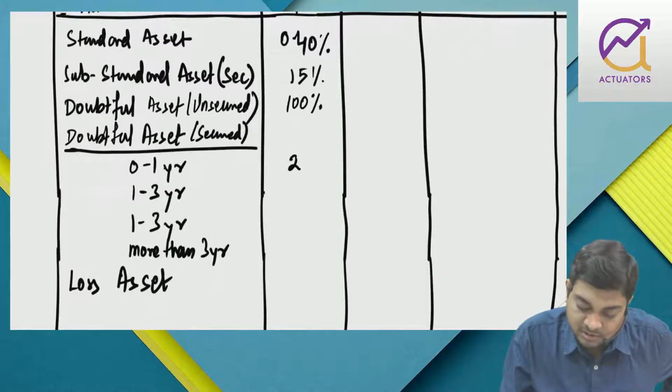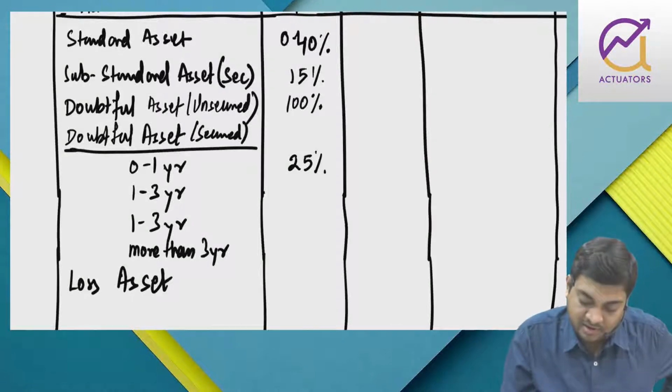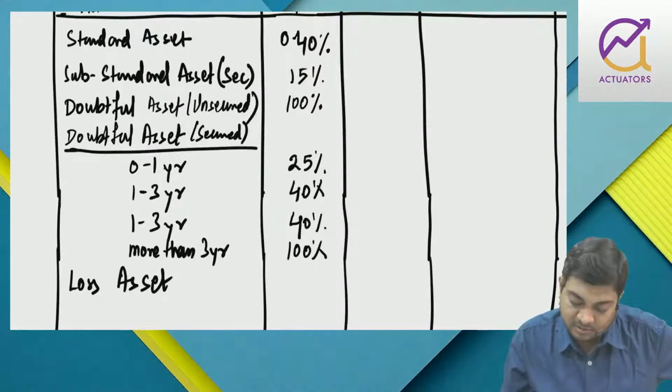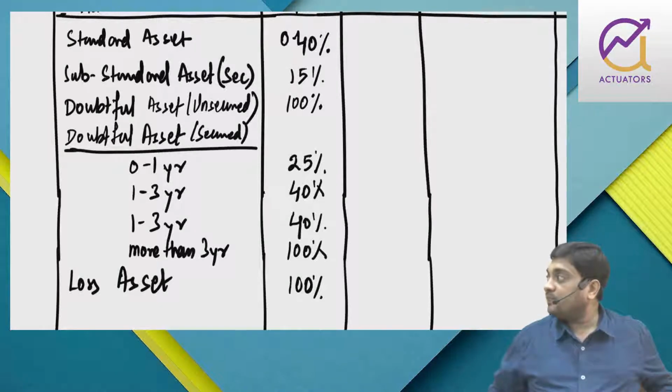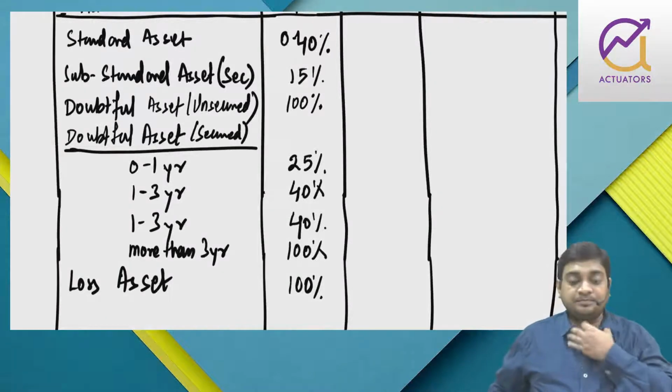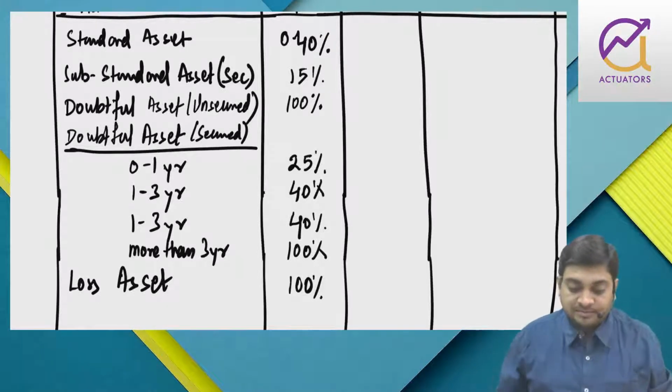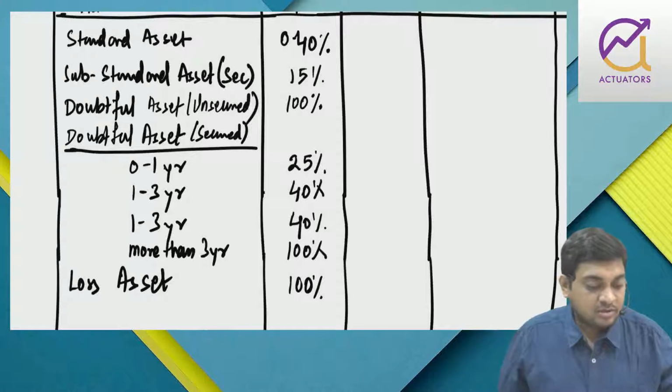So this is 25, this is 40, this is also 40, this is 100, this is also 100. Is that fine, everyone? So I have shown all the provision percentage. Now the amounts.